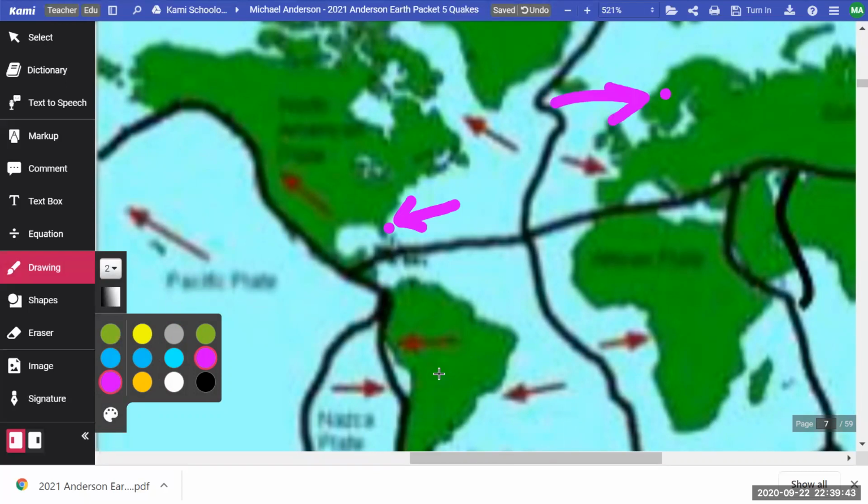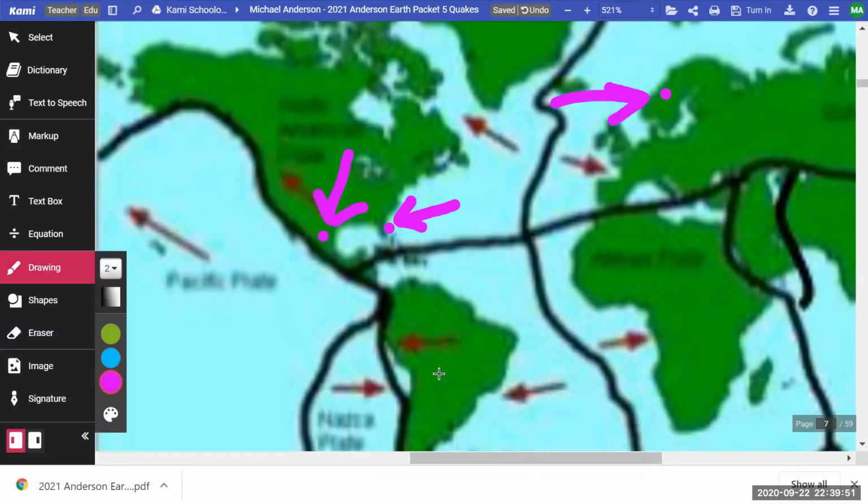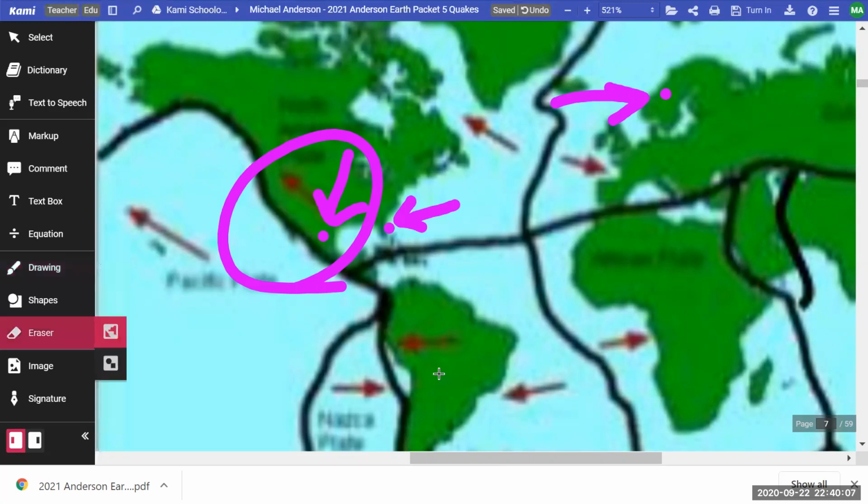And Mexico City is right about there. So we'd see that Mexico City is closer to a fault, closer to the boundary of plates than the others. So it is more likely to have earthquakes. And in fact, it has had them in the past.